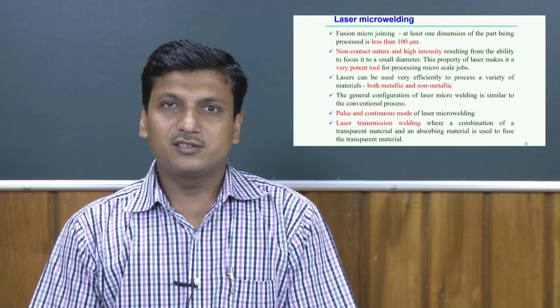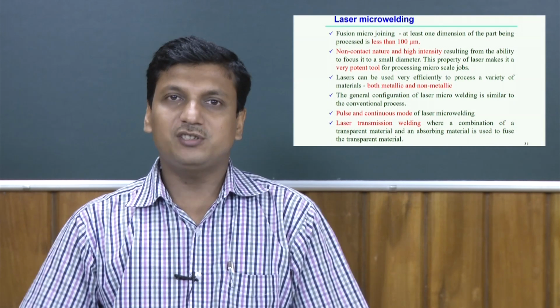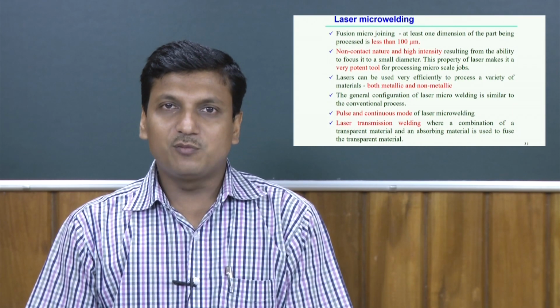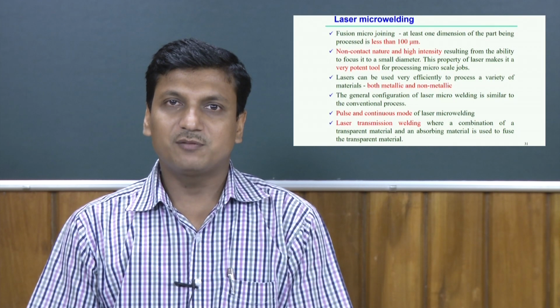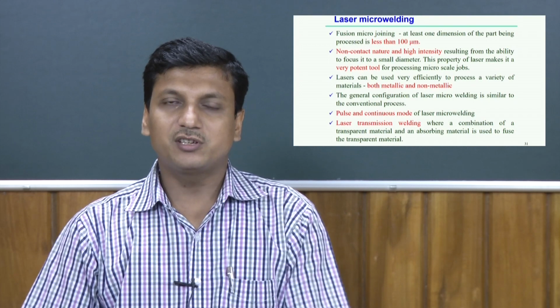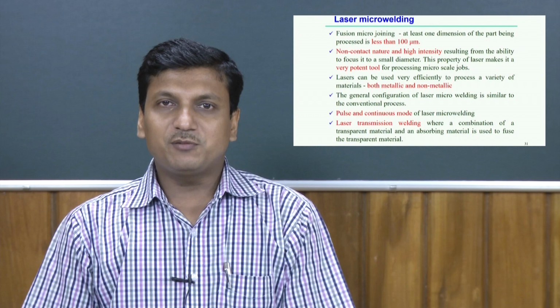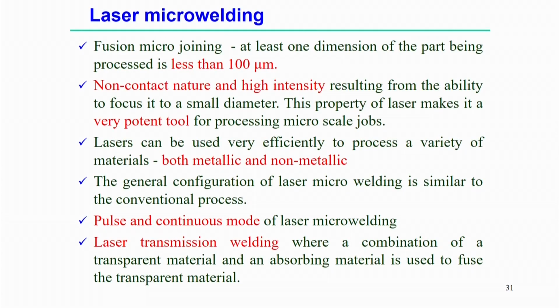The only thing is that the dimension over which it is focused is smaller, and the laser may be used in both continuous as well as pulse mode in the laser micro welding process. One of the typical laser micro welding processes is laser transmission welding.